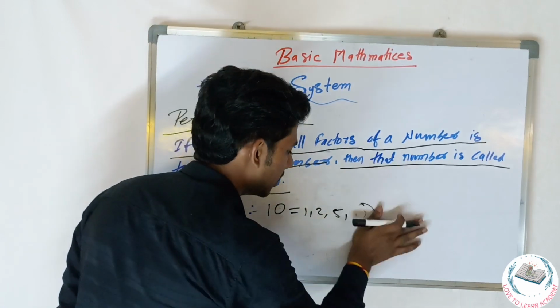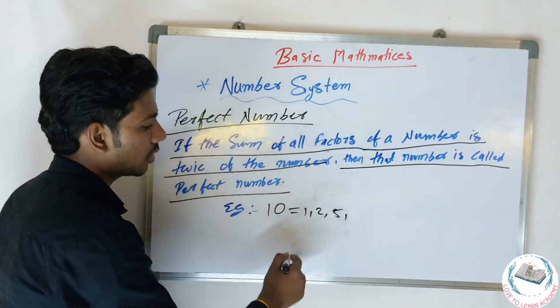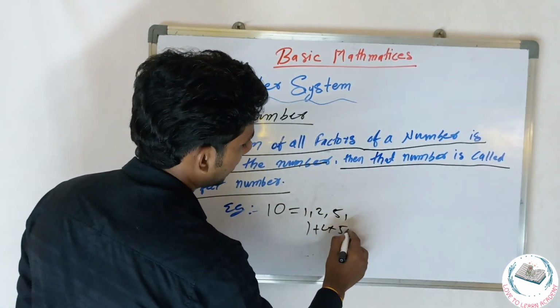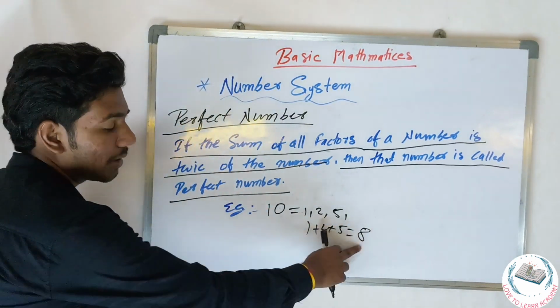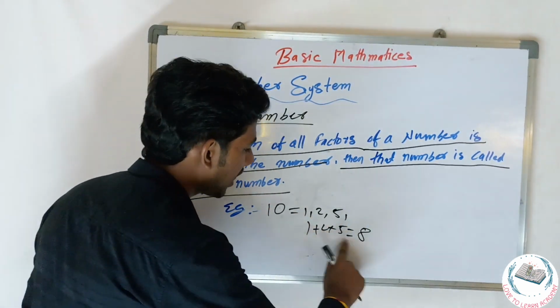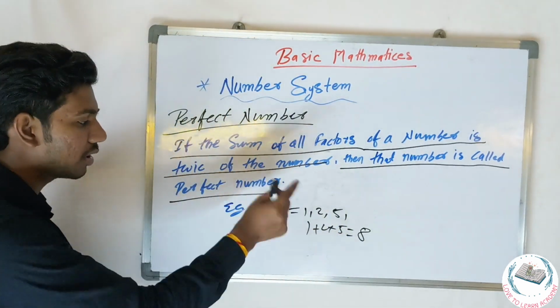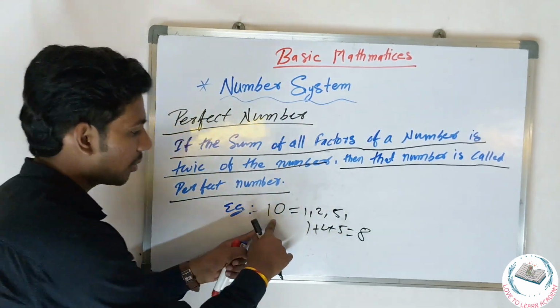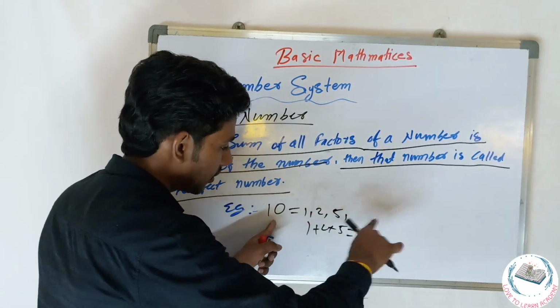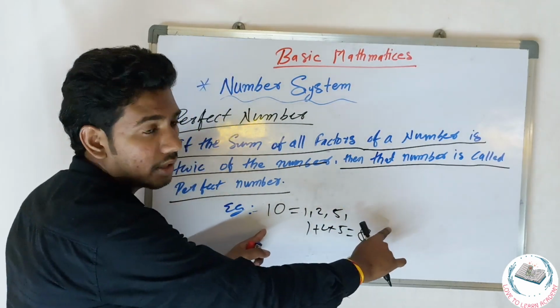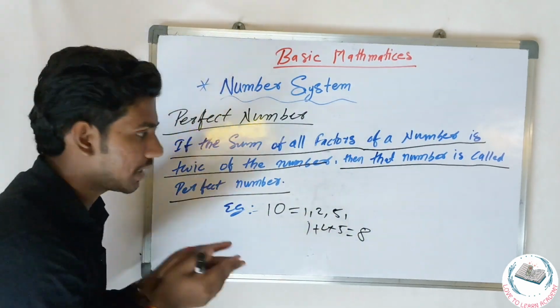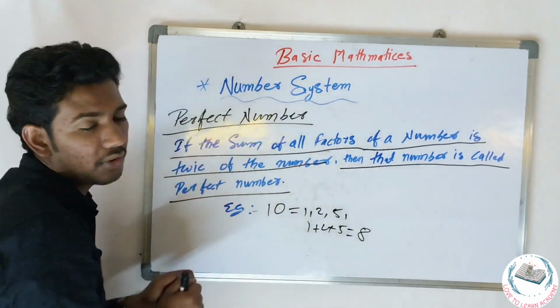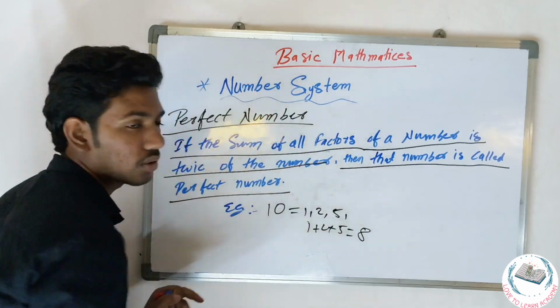Now add these numbers: 1 plus 2 plus 5 will be 8. If you add these factors and get the number that was given, in this case 10, then it will be a perfect number, but I got 8, so it's not a perfect number.